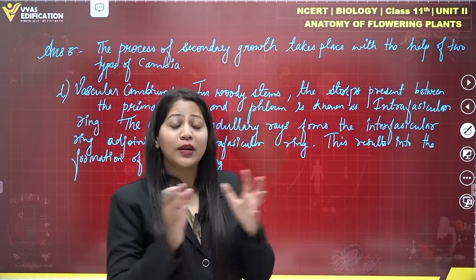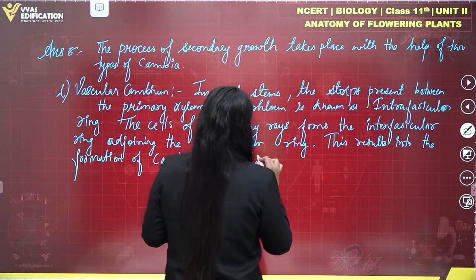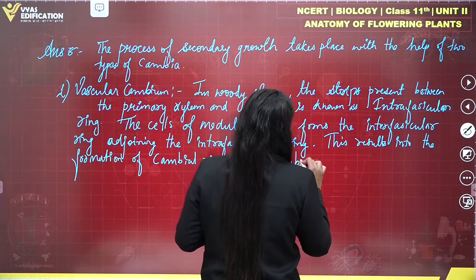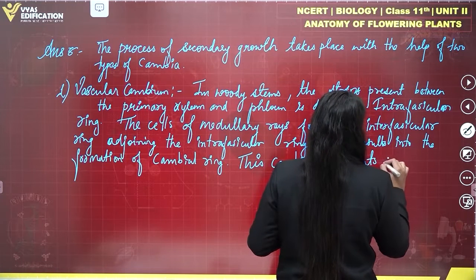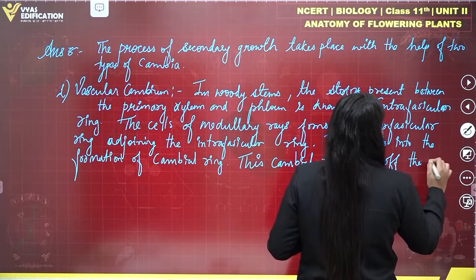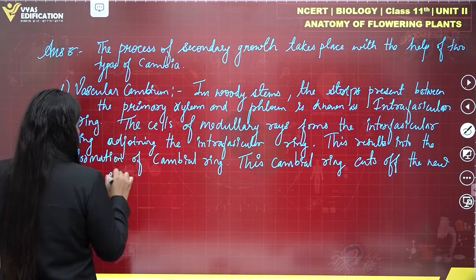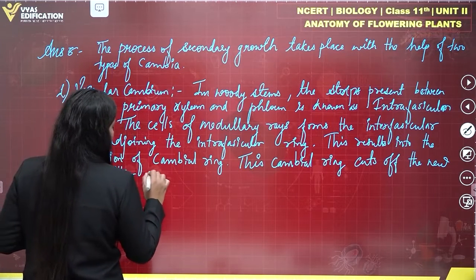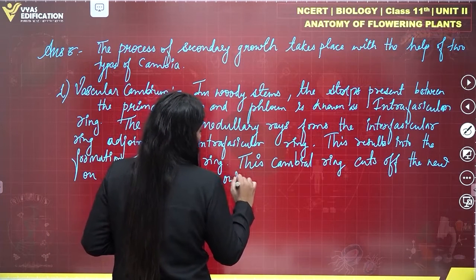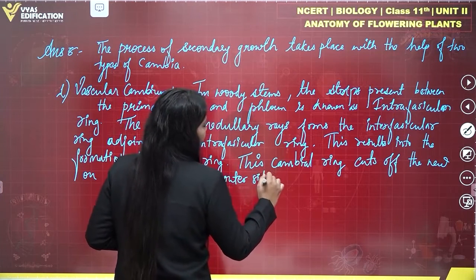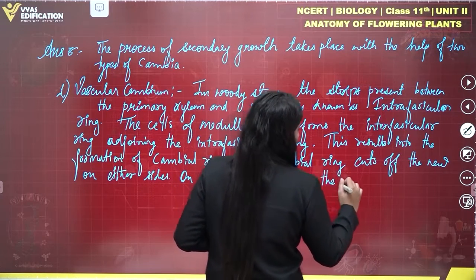This differentiates or cuts off the cells on either sides, right? So this cambial ring cuts off the new cells. That means it forms new cells on either sides. On the outer side, it forms the secondary phloem.